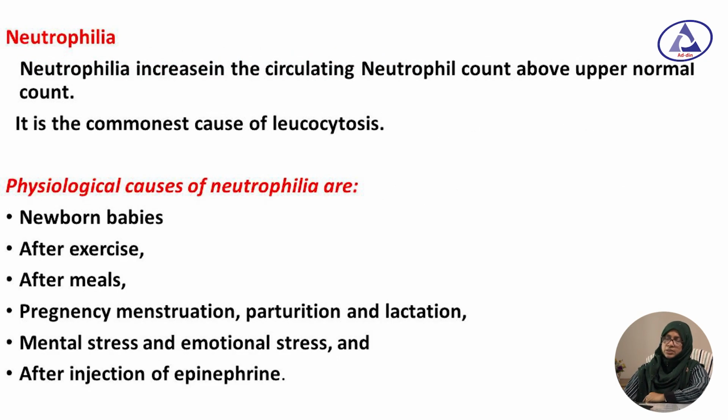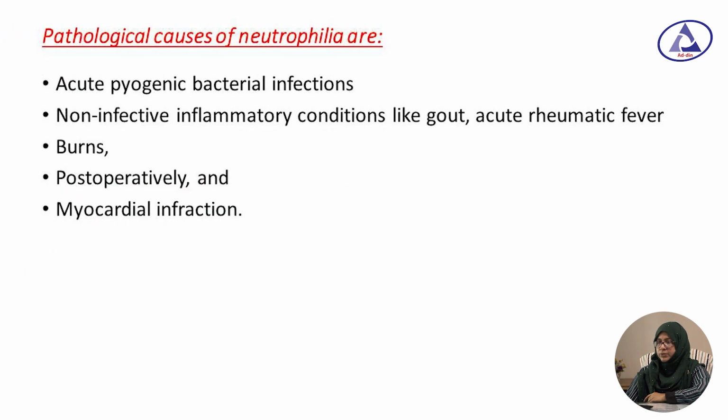Now let us discuss other conditions, like neutrophilia. Neutrophilia is an increase in circulating neutrophil count above the upper normal count. It is the commonest of all leukocytosis. Physiological causes are newborn babies, after exercise, after meals, pregnancy, menstruation, parturition and lactation, mental and emotional stress, and after injection of epinephrine.